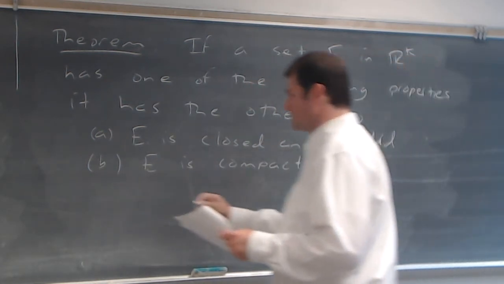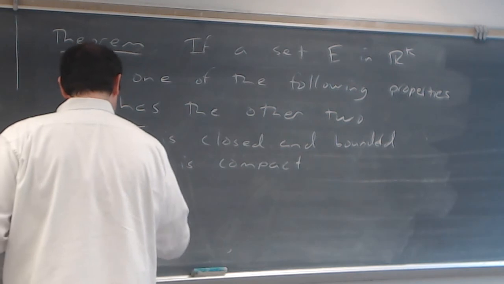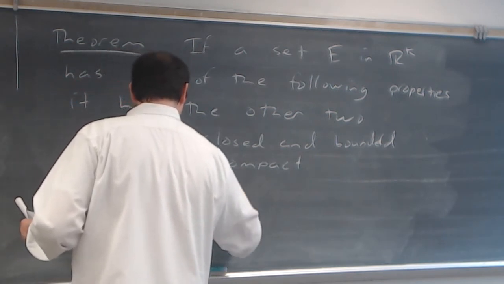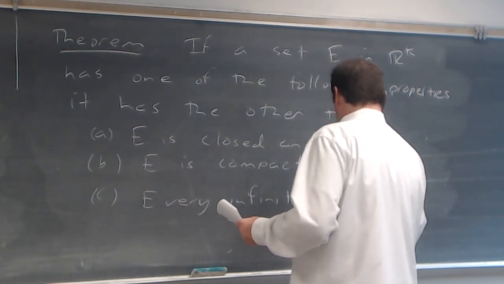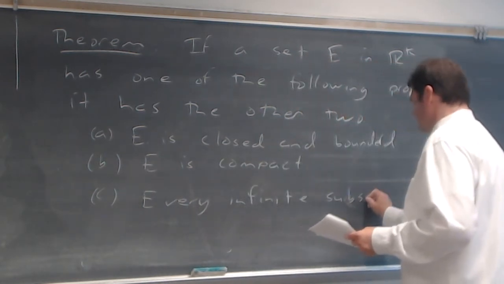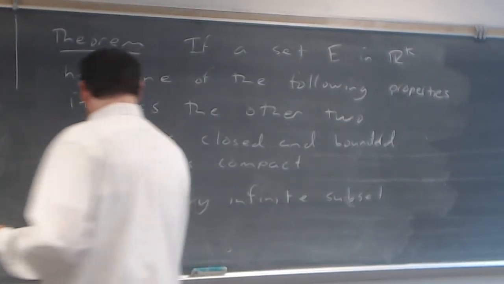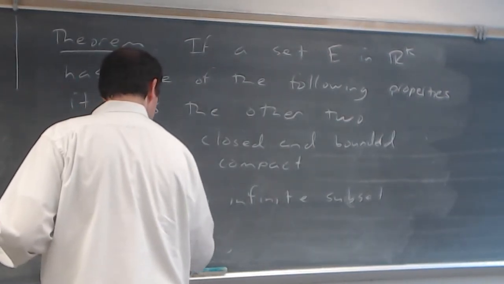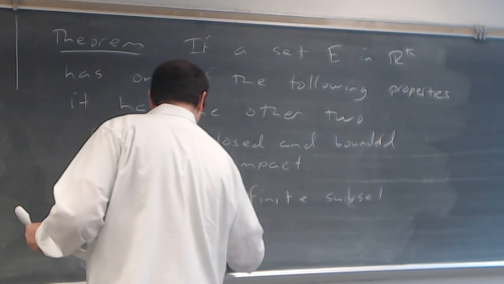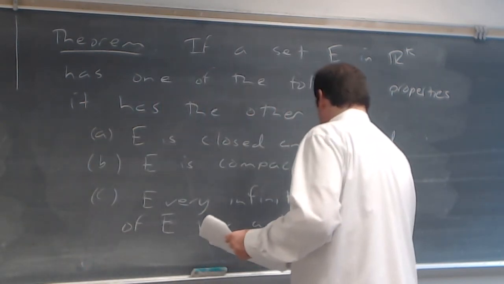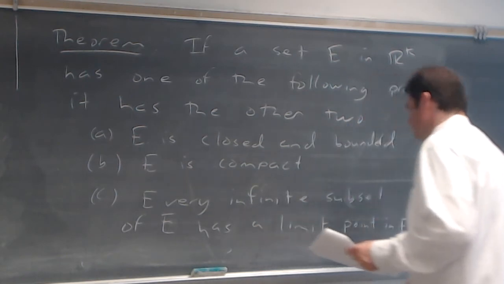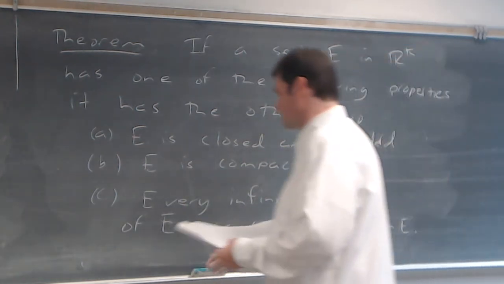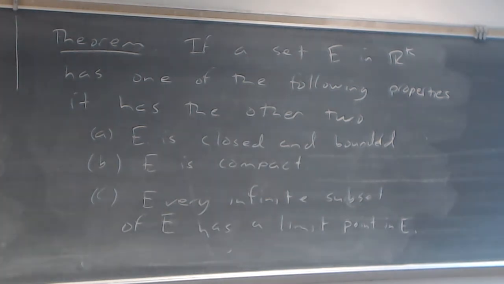And C: every infinite subset of E has a limit point in E. How do we show these three things are equivalent?